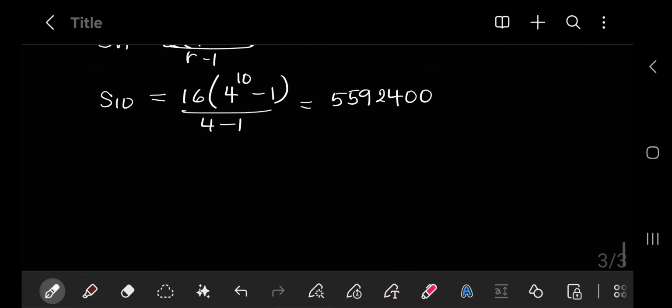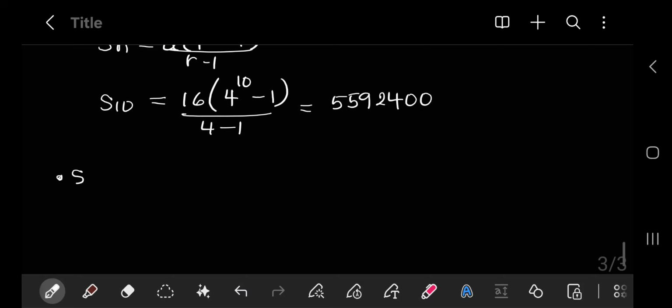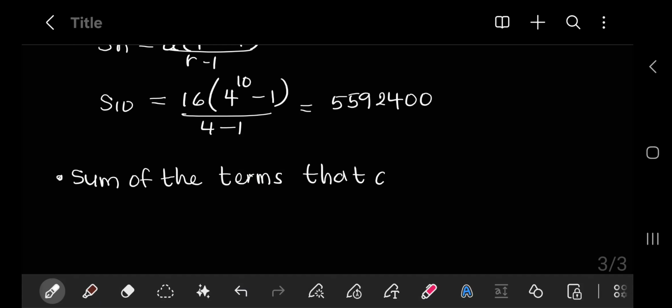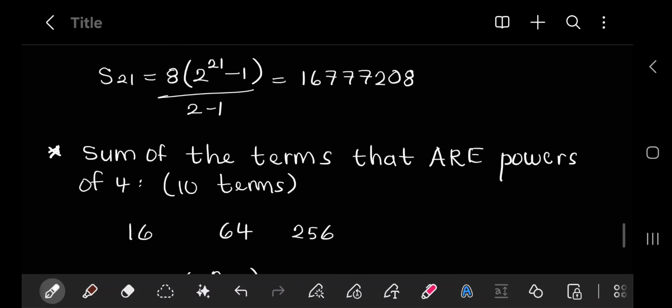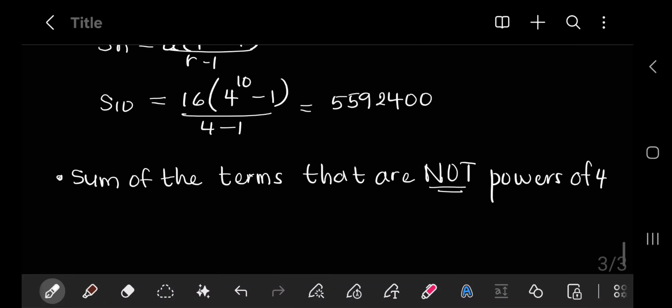However, what did the question actually ask you for? They wanted the sum of the terms that are not powers of 4. Okay, so to do this, we had 21 terms in total. Those were all the terms. 10 of those terms are divisible by 4, meaning that the number of terms that are not divisible by 4 are going to be 11.